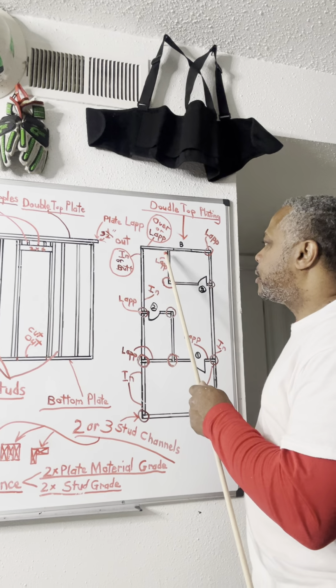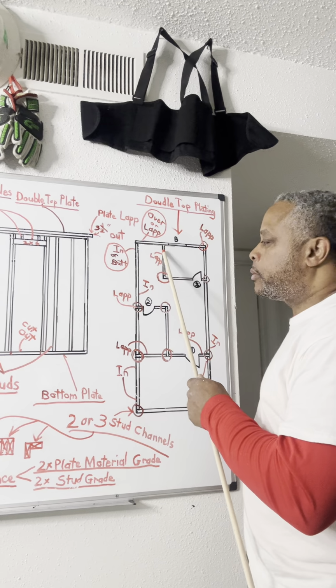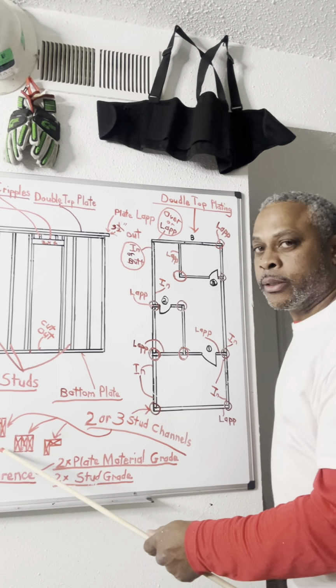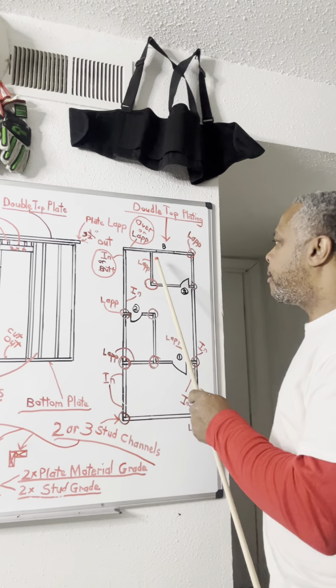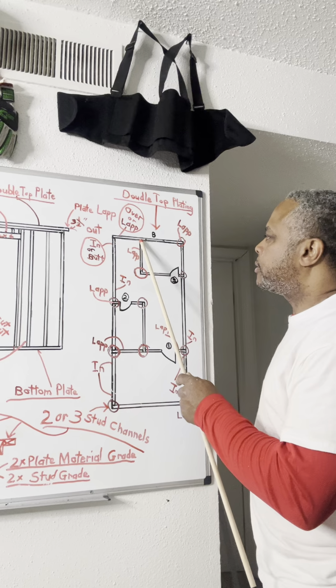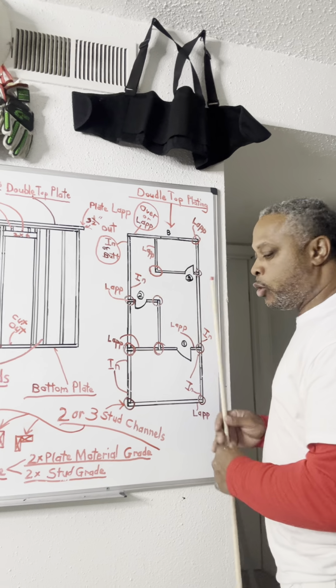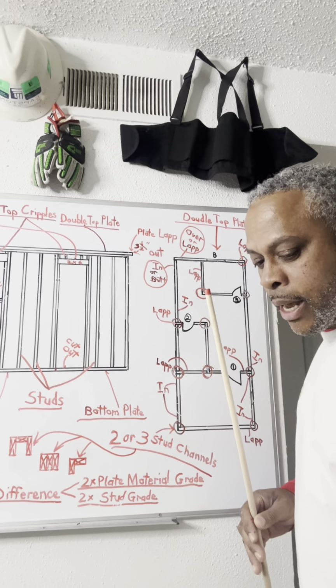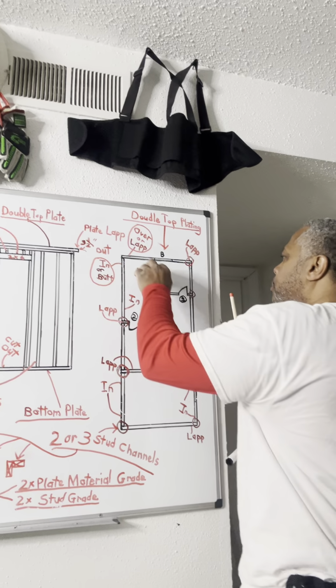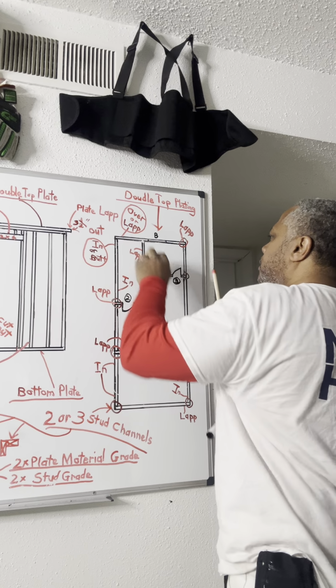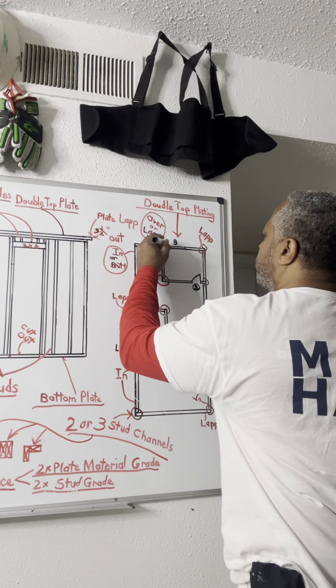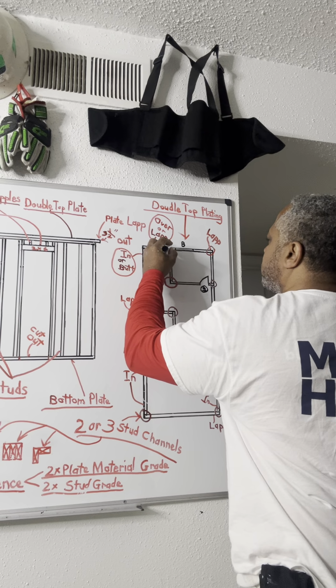Same here. There's a channel here. That's that channel there. I just want to make sure this plate goes through at the top because it's connecting. I'm connecting this plate here. So there's a break in the plate right here.